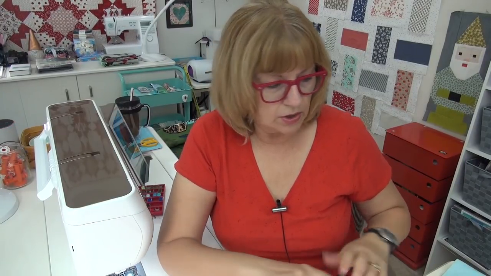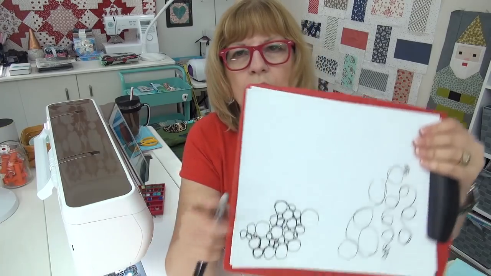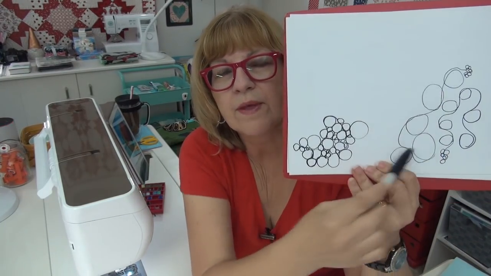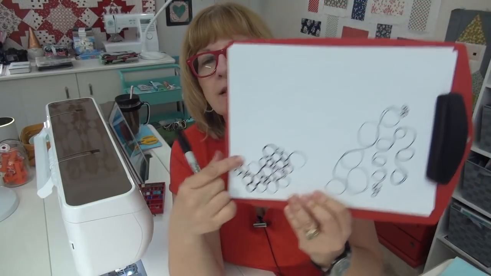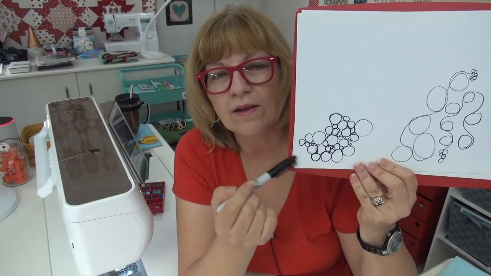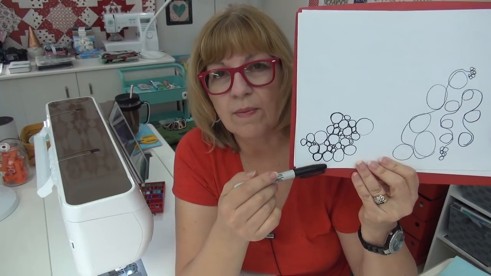One thing you do need to know when you're doing this is that it takes a while to build that density. So when you are doing this on paper, in order to fill up this whole piece of paper, which, think about it, it's an 8.5 by 11 piece of your quilt, it is going to take you a while to fill all that in with these little bubbles.